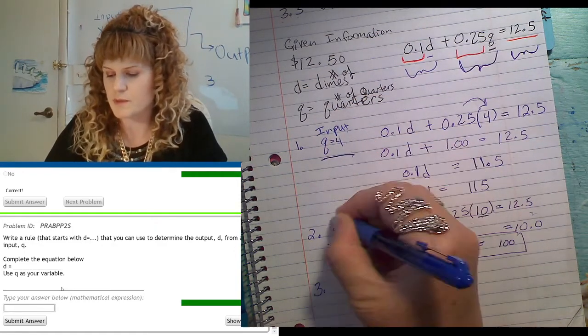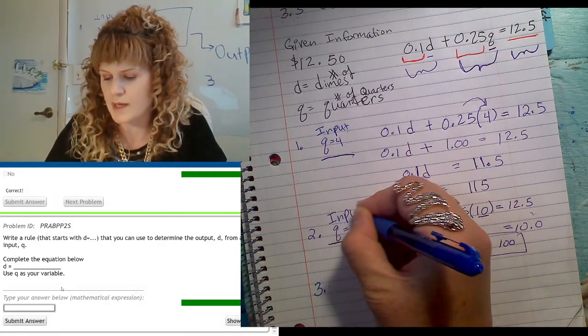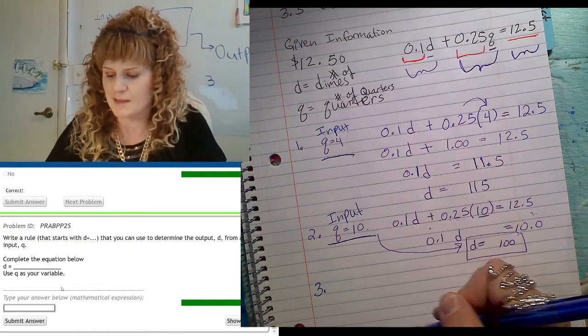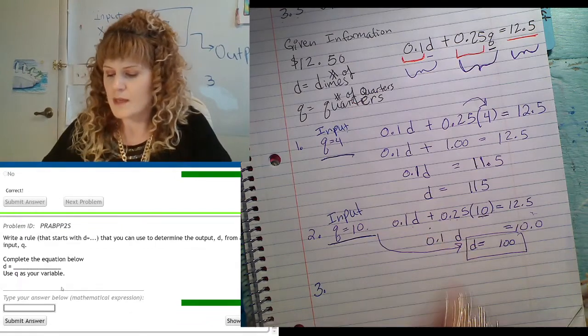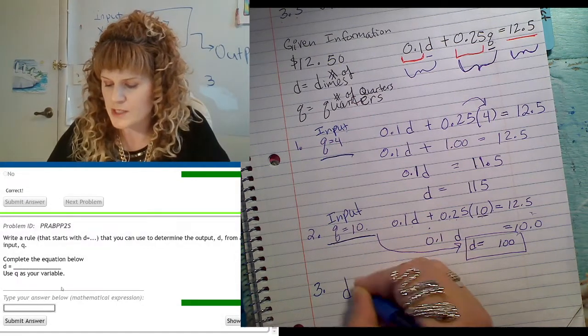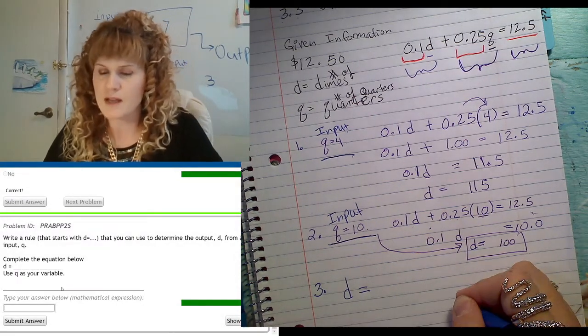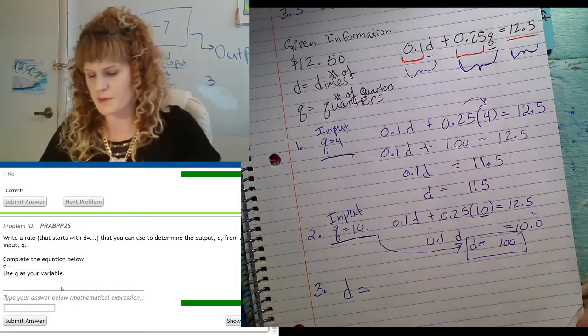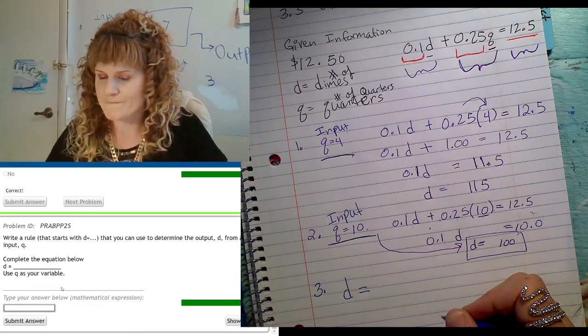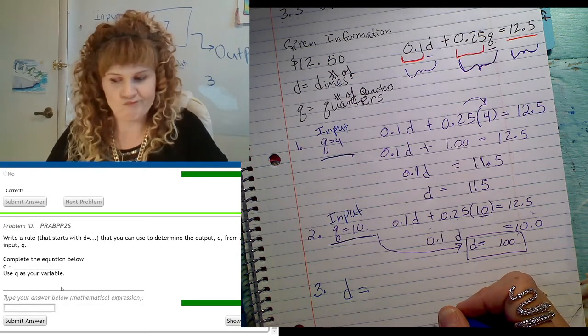Number of quarters equals 4. And the second input was number of quarters equals 10. The output was the number of dimes. Now I have to write an equation that tells me the number of dimes depending on the input number of quarters. Any idea what to do?